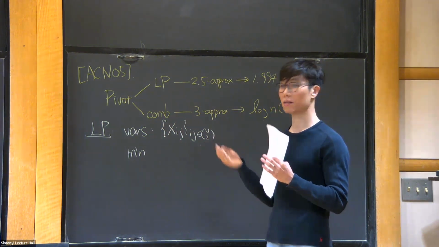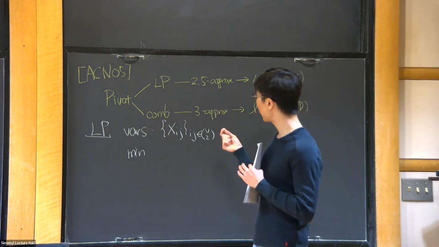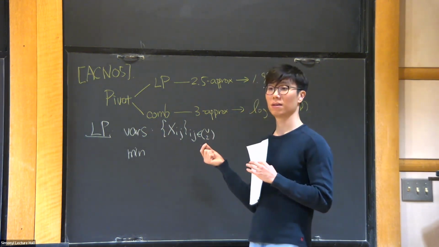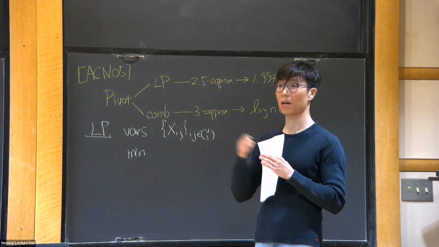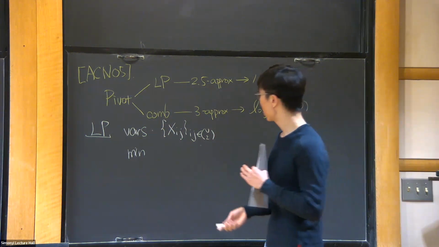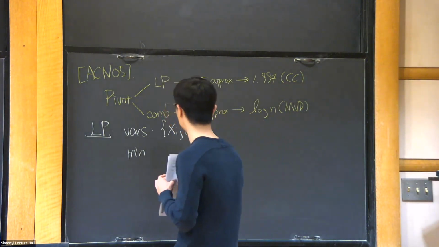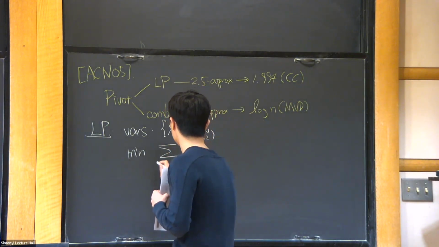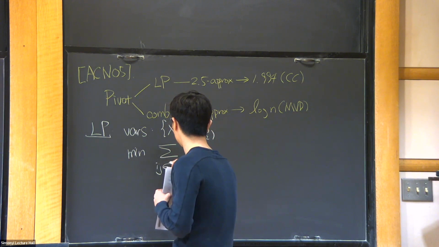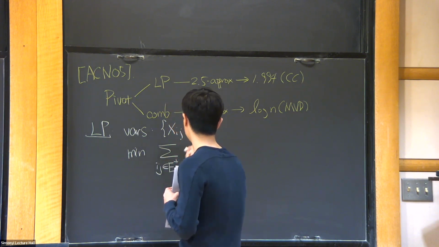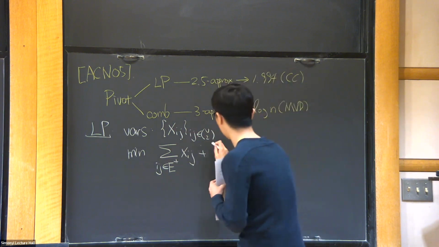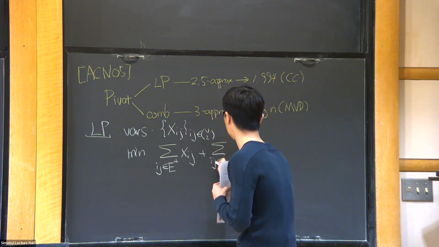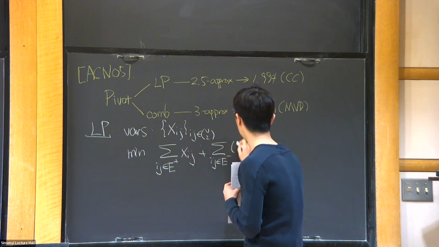If ij is a minus edge, then I want x_ij to be 1, because I want i and j to be different. So the very natural objective function is the sum over all plus edges of x_ij, plus the sum over all minus edges of 1 minus x_ij.